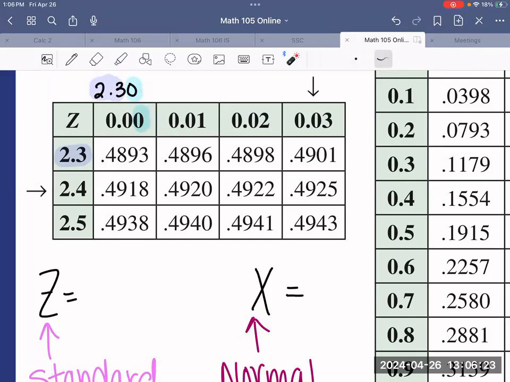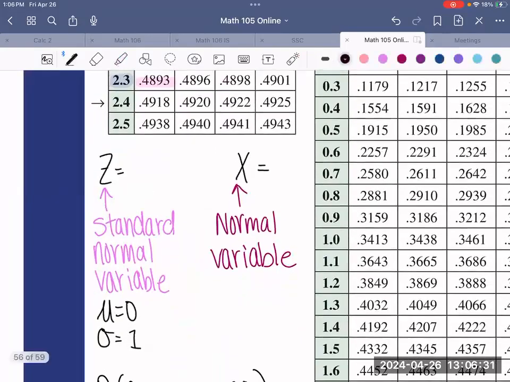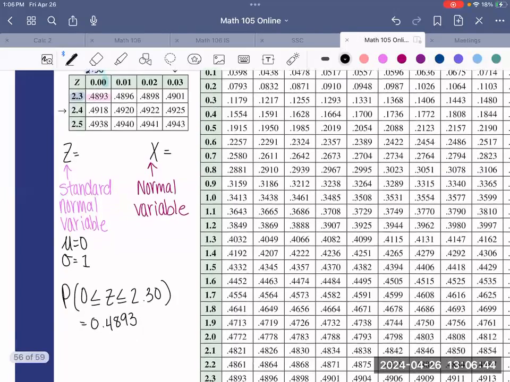Now, when you lock that down, we're going to be finding the overlap. So the overlapping portion is your percentage, your probability. So the probability that Z is between 0 and 2.30 is 0.4893. Let's try it again with the probability that Z is between 0 and, let's say, 2.53.